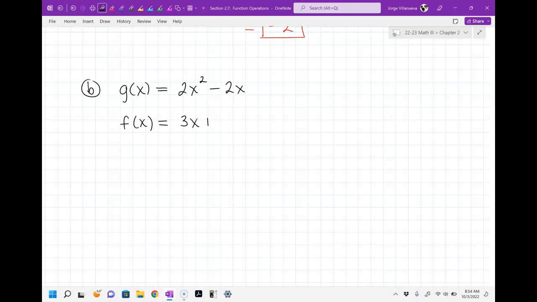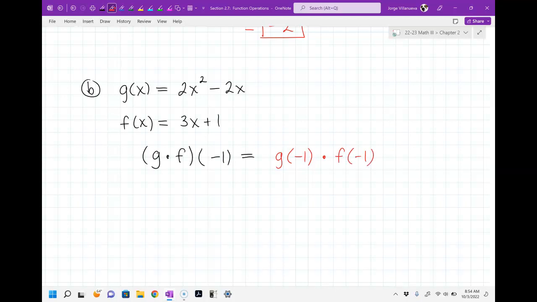So f of x would be 3x plus 1, and they want me to find, I'm going to write it the other way, g times f of negative 1. Now, in your homework, it doesn't look like that. In your homework, they wrote g of negative 1 times f of negative 1. But I want you guys to see it. So g times f of negative 1, which means g of negative 1 times f of negative 1.